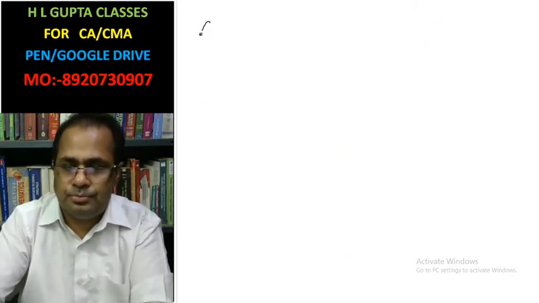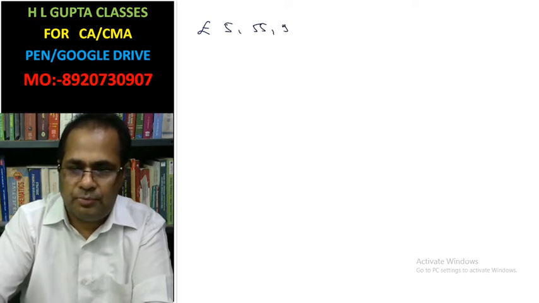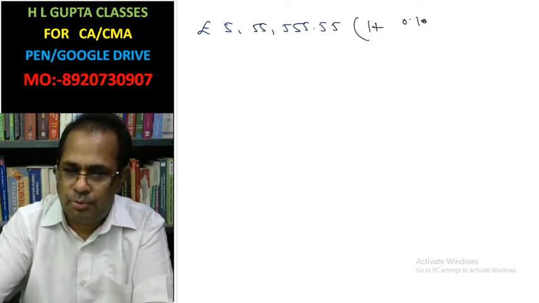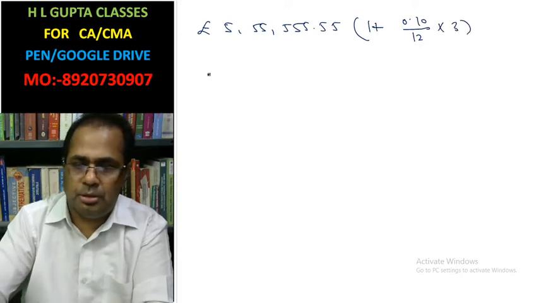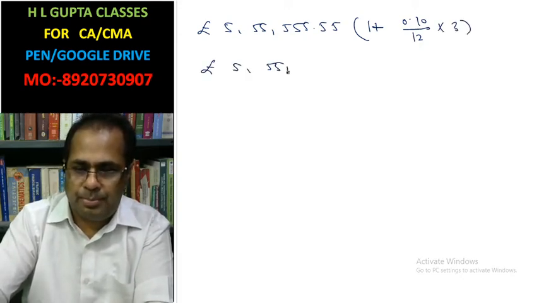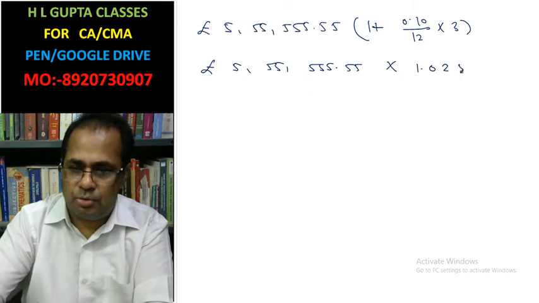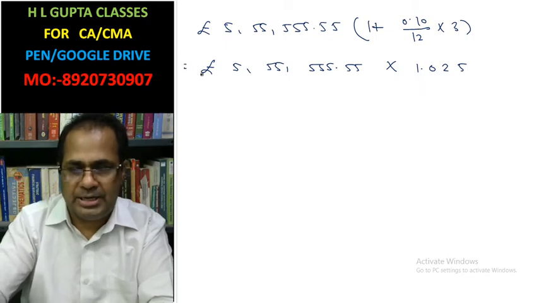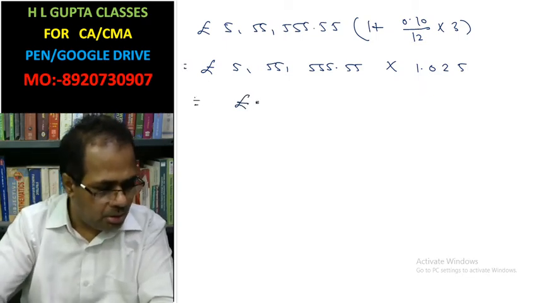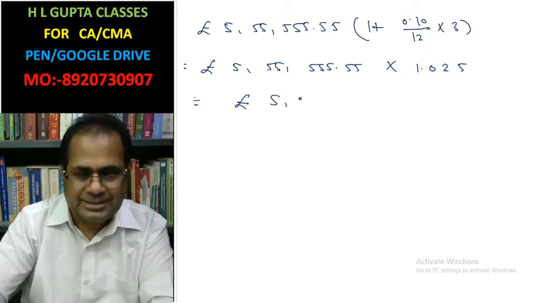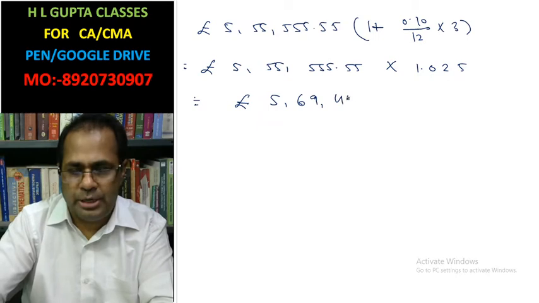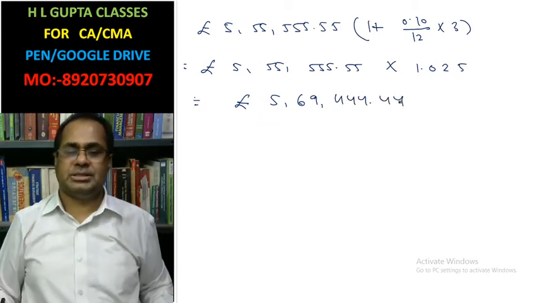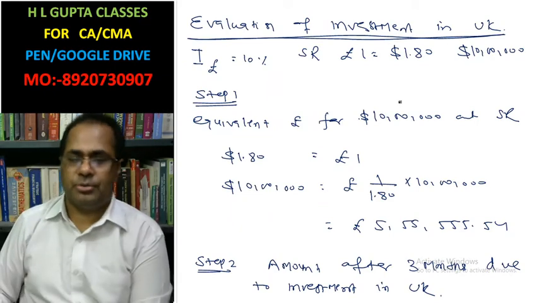Pound you had 5,55,555, into 1 plus 0.10 divided by 12 into 3, that is 1.025, that equals pound 5,69,444.44. Please try to understand this amount.